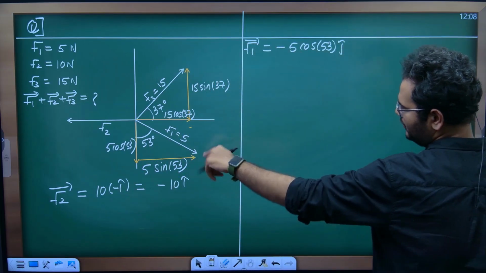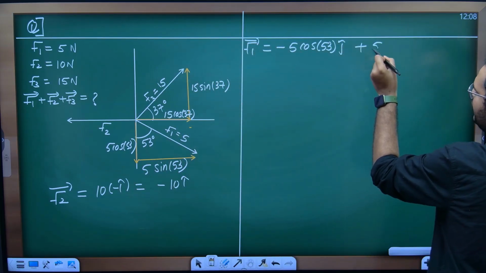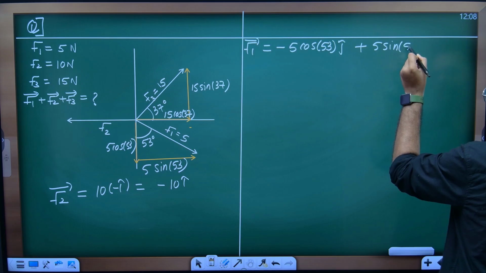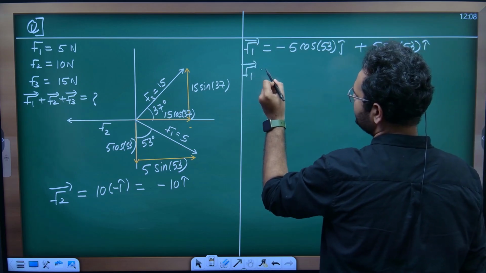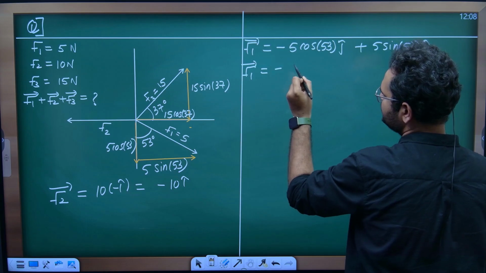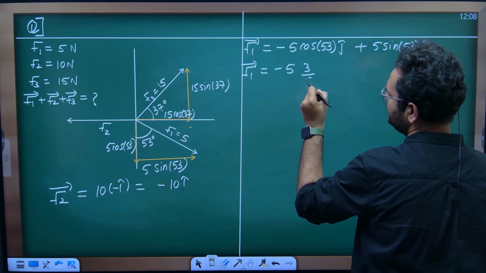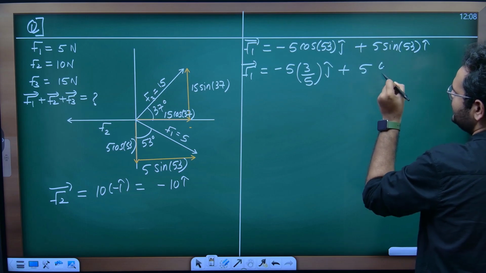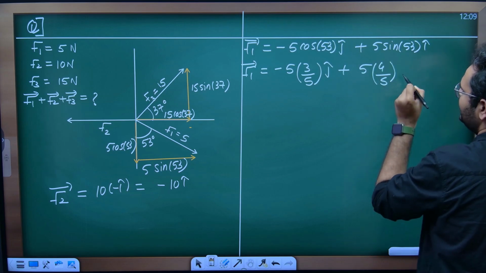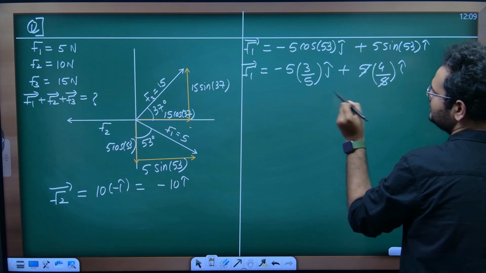And plus 5 sin 53 i cap. Now substitute the values. f1 vector is equal to minus 5. What is cos 53? Cos 53 is 3 by 5. Excellent. j cap plus 5 sin 53 is 4 by 5 i cap. 5 cancel, sir. 5 cancel.